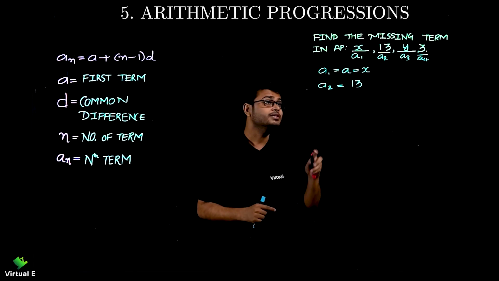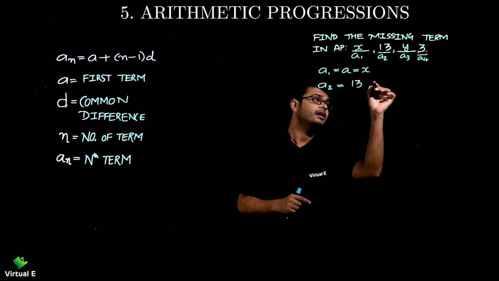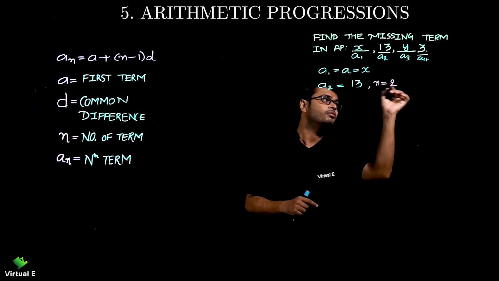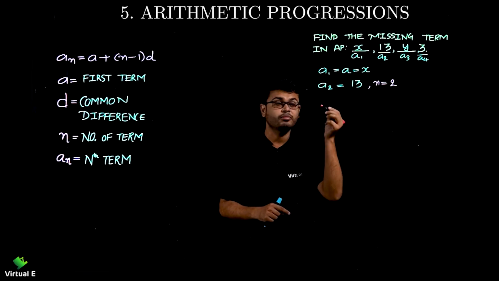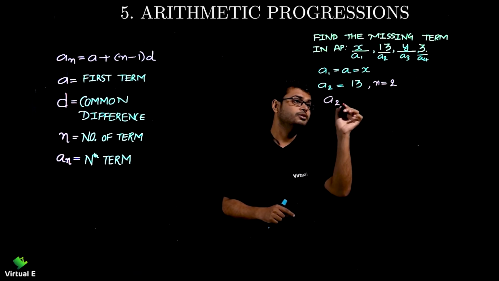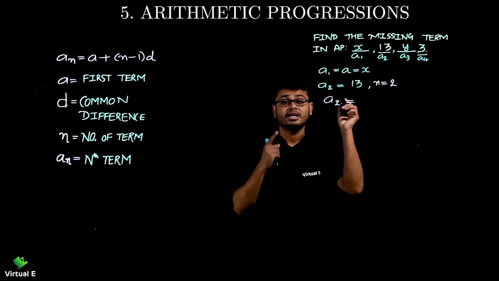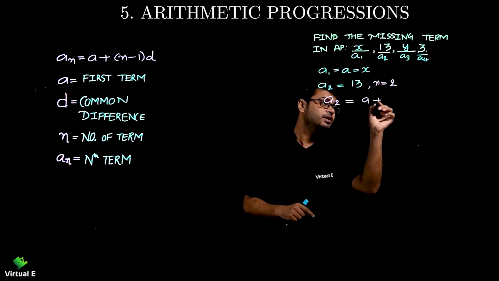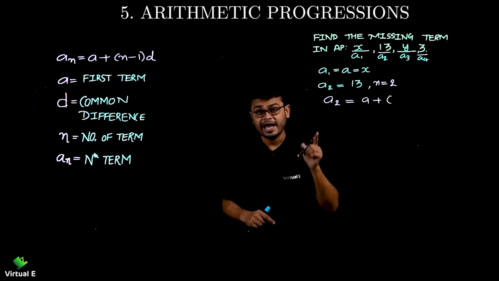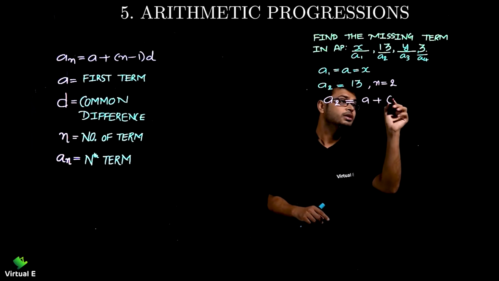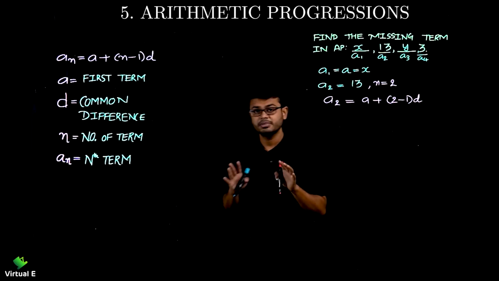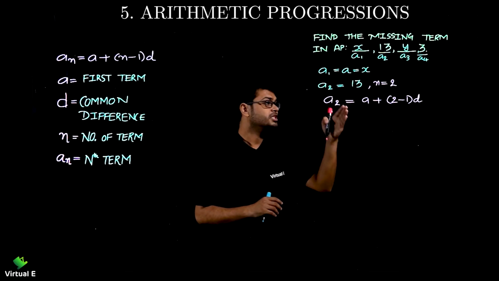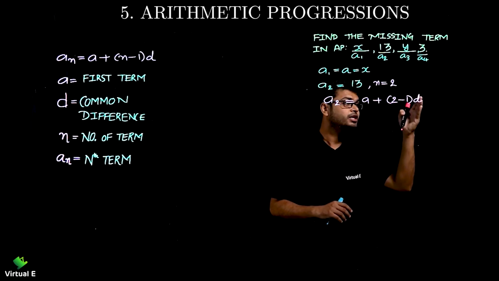So I write n is equal to 2 over here, and A2 is 13. So the formula gives A2 is equal to A plus, instead of n, 2 minus 1 into D.